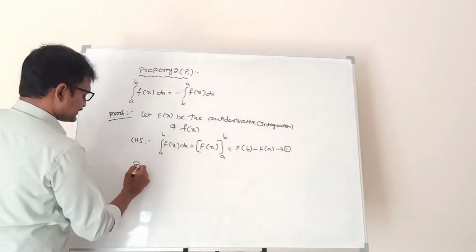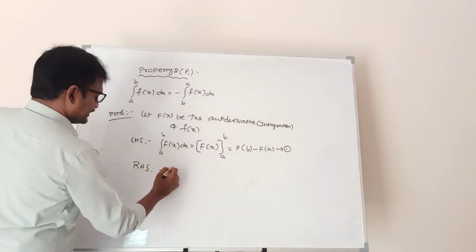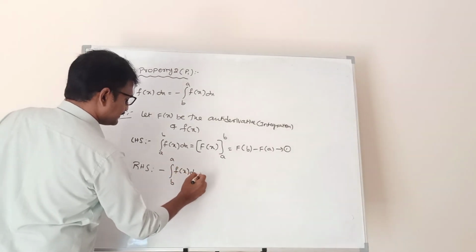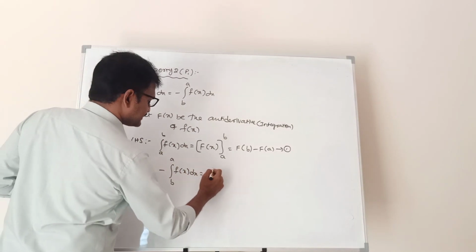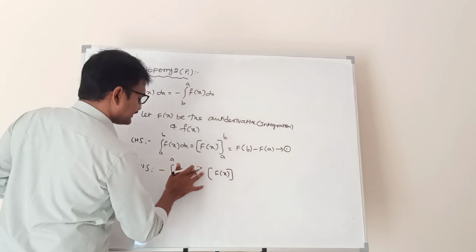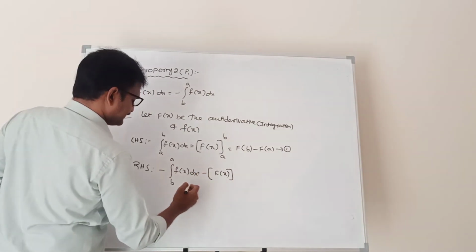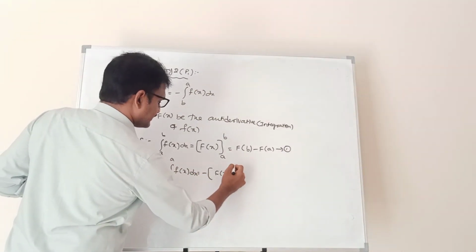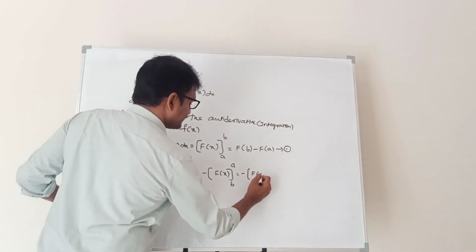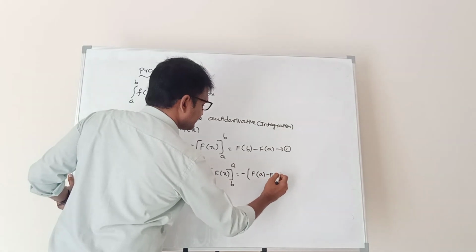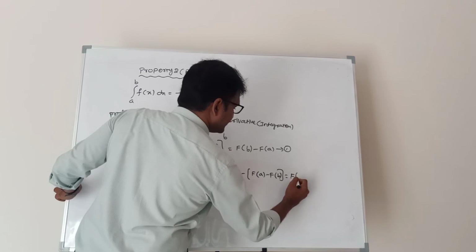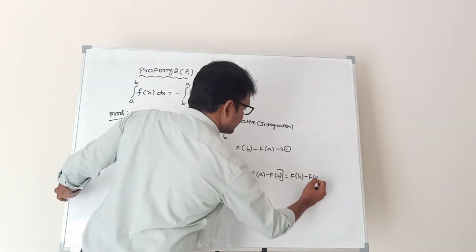Next, consider RHS. Minus the integration from b to a of f of x dx is equal to minus capital F of x with lower limit b and upper limit a, that is minus of F of a minus F of b. If you multiply, minus into minus gives plus, so F of b minus F of a.